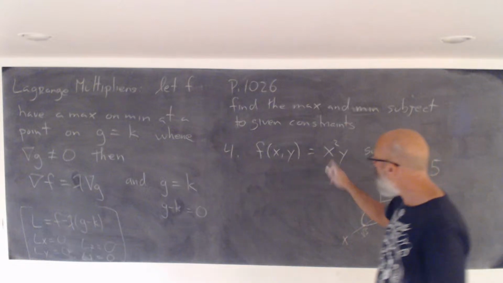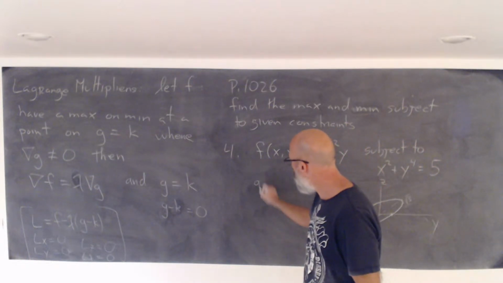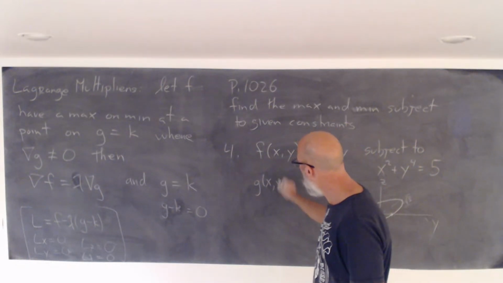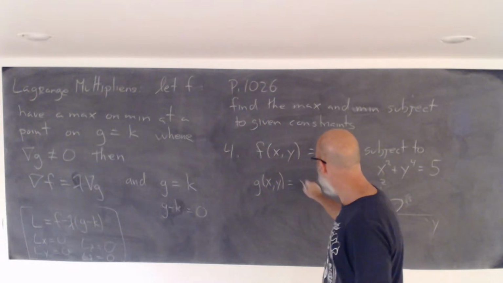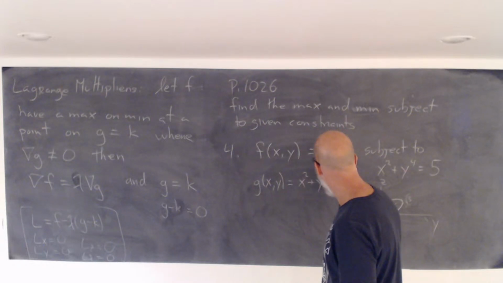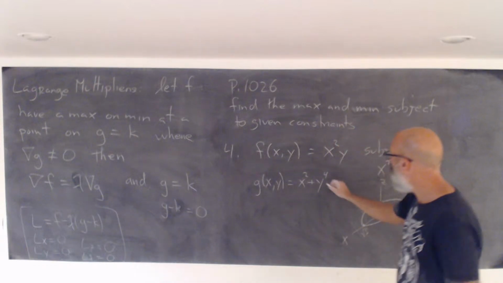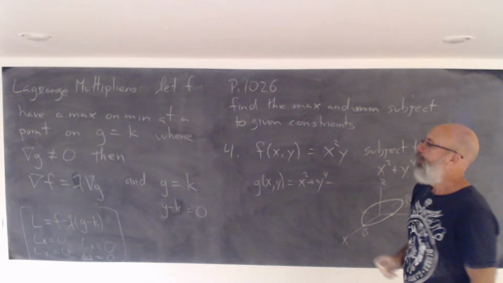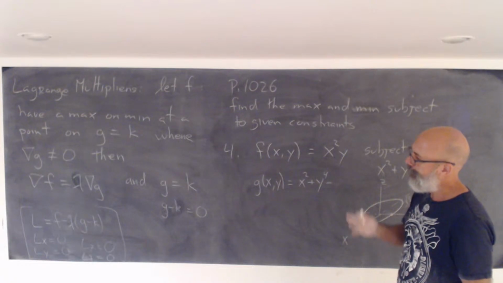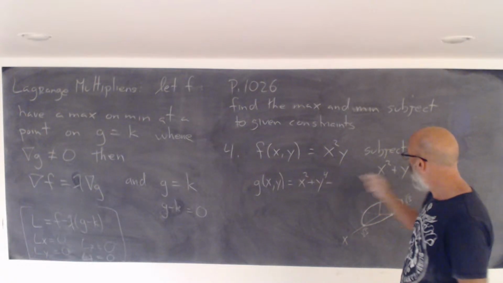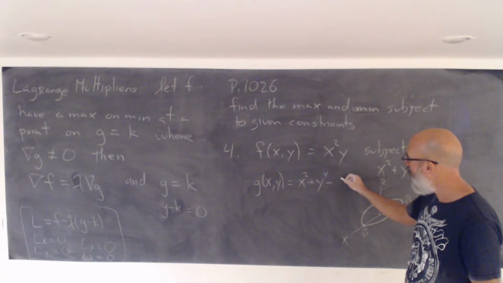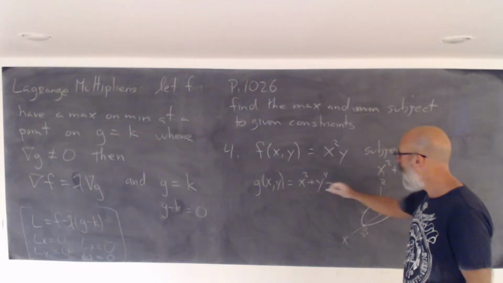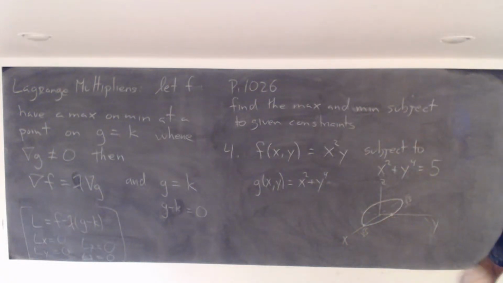So your f is this. Your g is x squared plus y to the 4. Like I said, a lot of books will bring the 5 to the other side. But you don't have to, so just be careful.